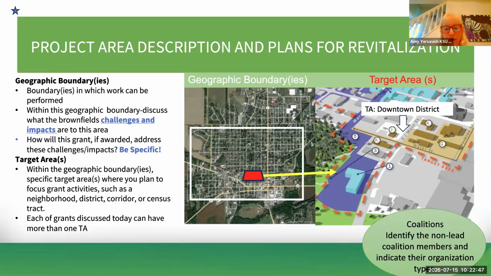As I mentioned down here, the coalition, you want to identify a target area and the coalition members, both the lead and the other coalition members, and have a target area for those.